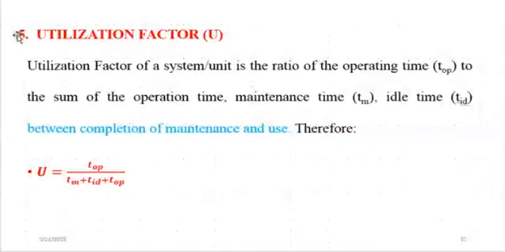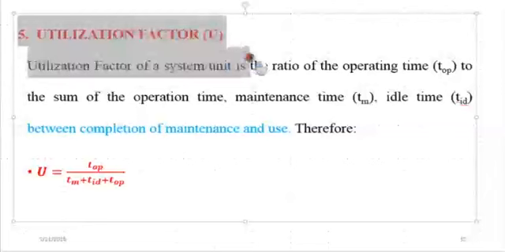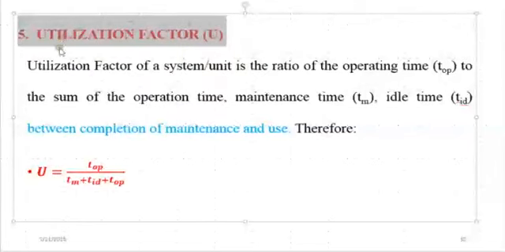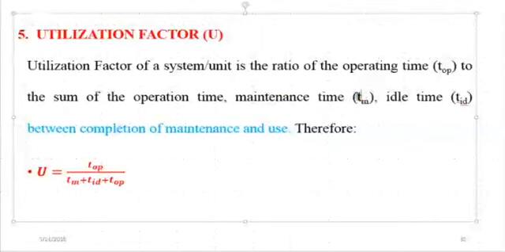Another term that has to do with maintainability is called the utilization factor. The utilization factor of any system or device is the ratio of the operating time, that is when the machine is operating normally, to the maintenance time, the time during which the maintenance action is being conducted on the machine, and the idle time, which is the time period between the completion of the maintenance and the time when the machine is started for another use.